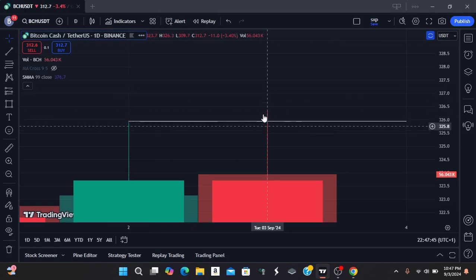You can see this red candle wicked above the high of the previous day, which is yesterday. So you can see this candle wicked above the previous day high. So when you see this happen, what do you begin to look for? That is what we are discussing today. So let me remove.